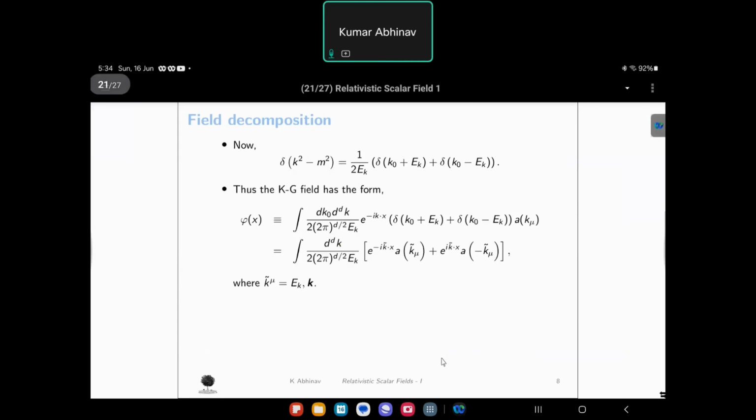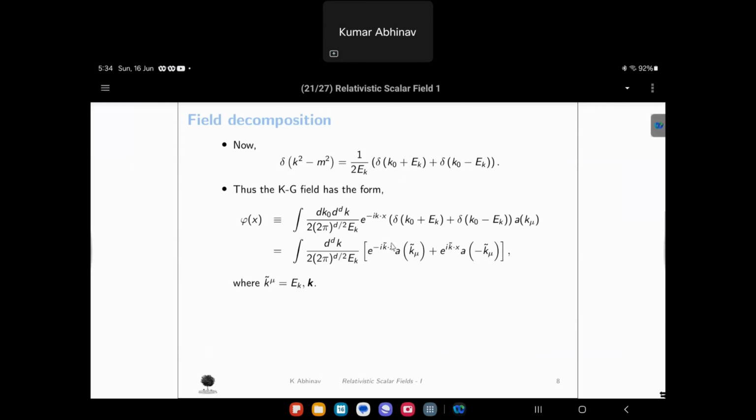So now this Dirac delta function, which contains k square and m square, can be broken down into the linear variables k naught and E_k. E_k is the energy of the relativistic single particle, and this is the formula for the expansion, which can be found in any standard textbook of quantum field theory.